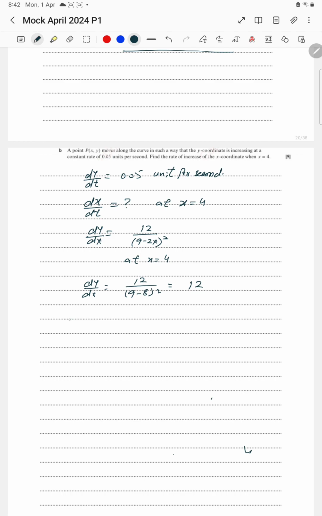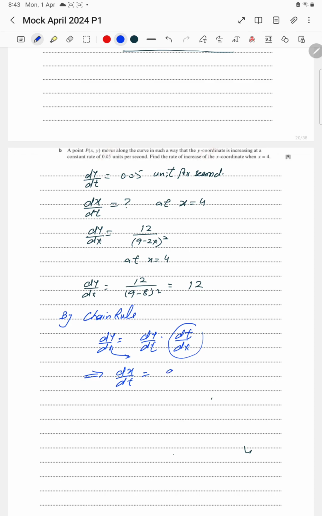So here, by applying the chain rule, as we have discussed, dy by dx will be dy by dt times dt by dx. So it means your dx by dt, you switch this to the other side by taking the reciprocal.